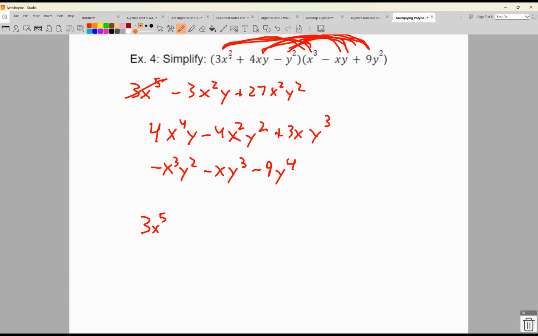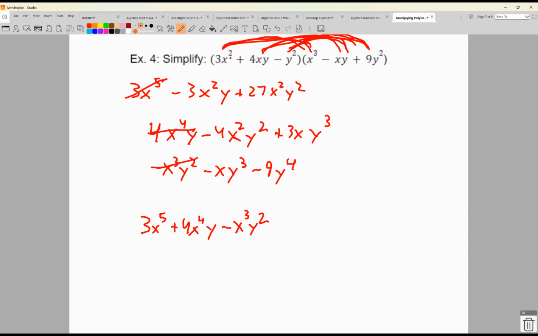I don't have anything else with x to the fourth, so that's plus 4x to the fourth y. Next up, I'm going to look at x cubed. Here I've got negative x cubed y squared, and I don't have any other x cubed y squareds, so that's just going to be by itself, minus x cubed y squared.